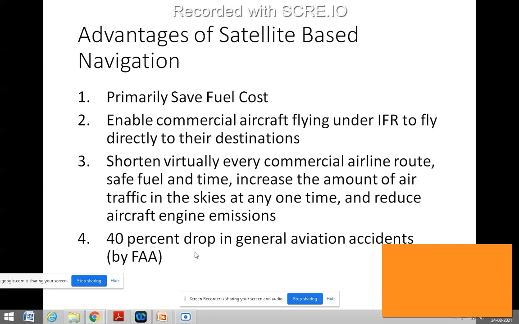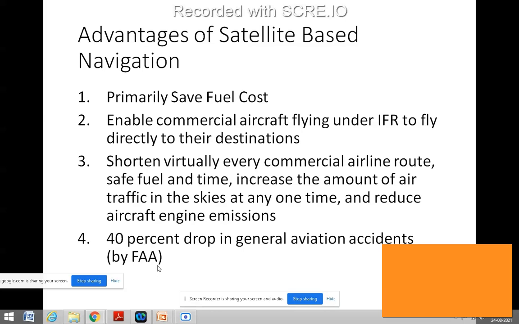And then there will be a 40% drop in general aviation accidents. So aviation accidents will be reduced by 40 percent. This is the data provided by the FAA. What is the FAA?